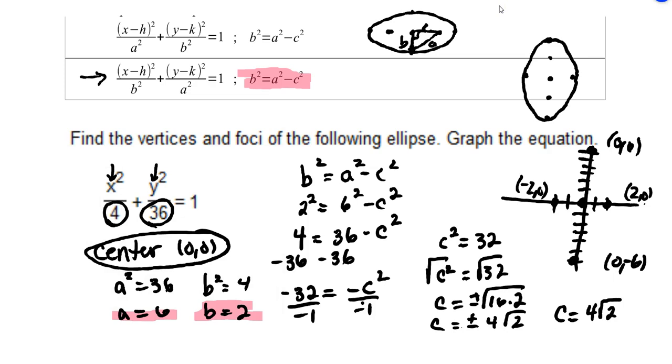So I'll go up 5, 1, 2, 3, 4, 5, and a little bit more. That brings me to my foci. So that's (0, 4 square root of 2). And then I'll go down 5 and a little bit more to put me at (0, negative 4 square root of 2). And then I can sketch out my ellipse with the vertices.